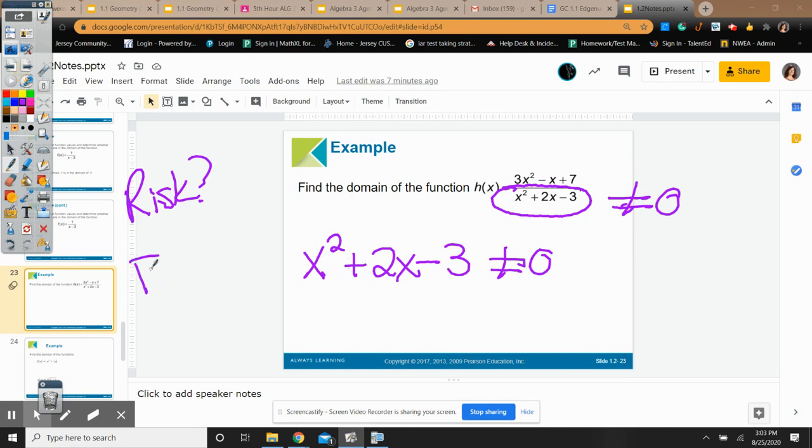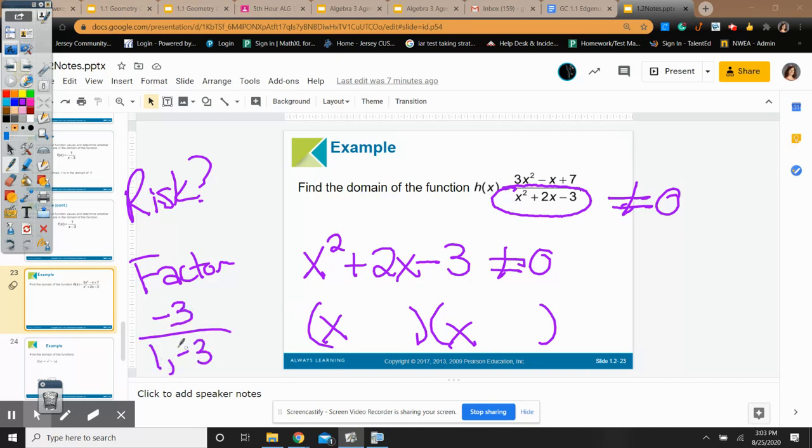You would have to factor it. So we will factor this, x and x. If you make a list for negative 3, I have to get to positive 2. 1 and negative 3 gives me negative 2. It'll be negative 1 and positive 3. So (x minus 1)(x plus 3). Those two things cannot equal 0. So what would make it 0? Well, x can't be 1 because if x was 1, it would be 0, and x cannot be negative 3.